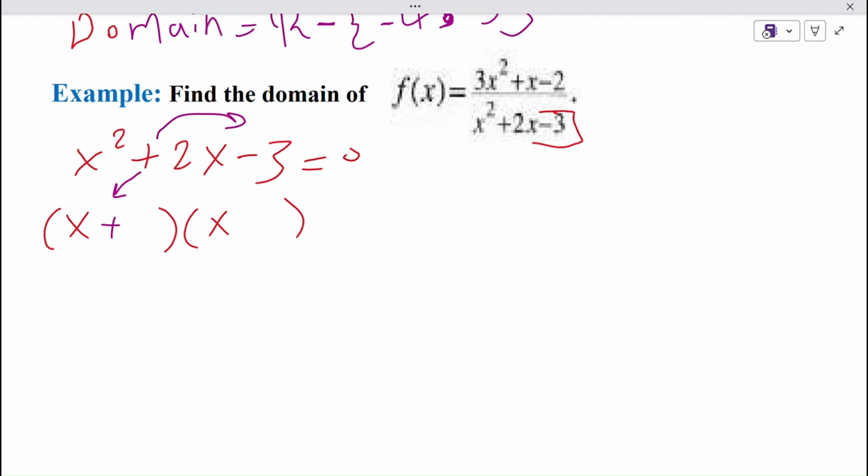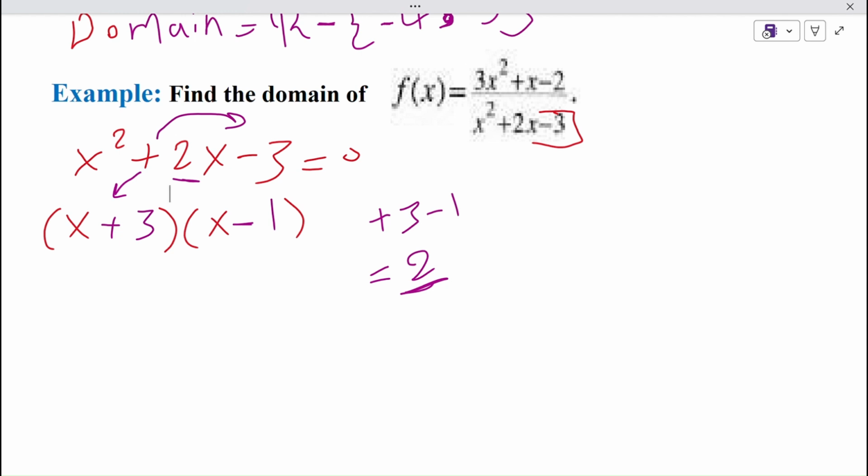Then what about 3? We have 3 times 1 is equal to 3. Then we will write 3 times 1. Then by adding this positive 3 and negative 1 is equal to positive 2. So positive 2 is here.